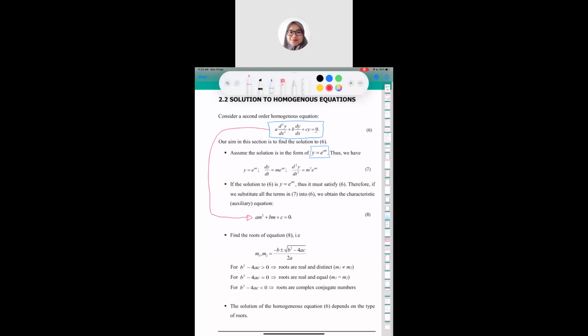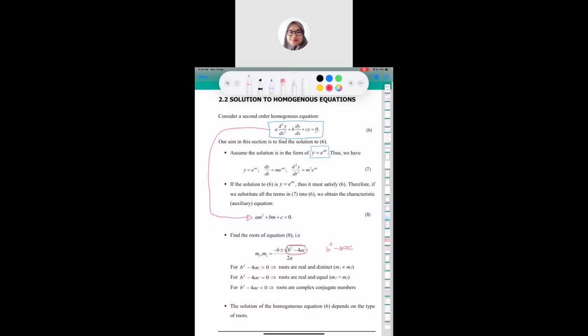So we have three cases kat sini. Kalau kata kita guna formula, it depends on yang kat dalam ni. Kalau you punya b² − 4ac lebih besar daripada 0, your roots are real and distinct.